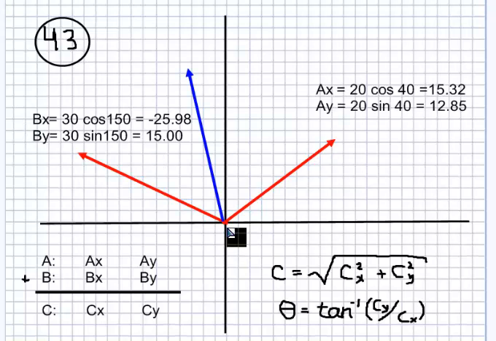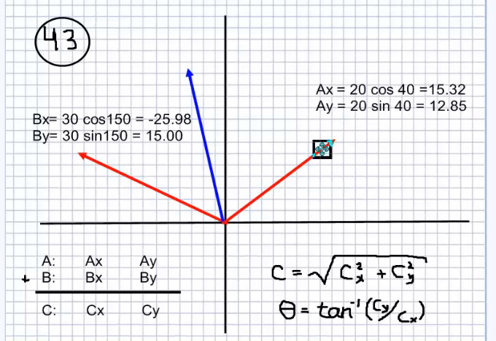So in the x direction, we got 30 cos 150. Notice that points in a negative direction. That says our x component is negative, which makes sense looking at it. But our y component is positive, 30 sine 150. That's 15.